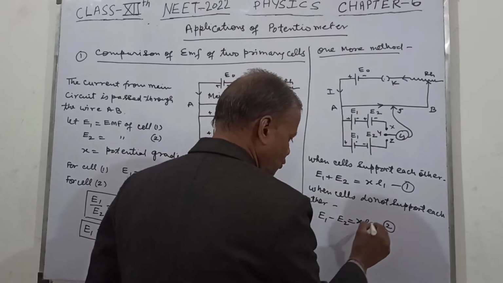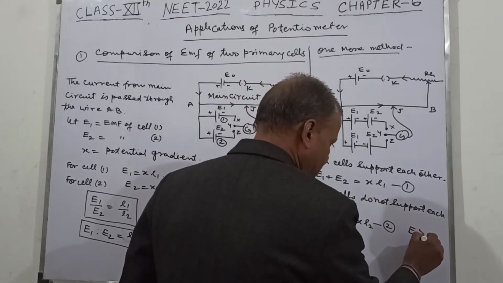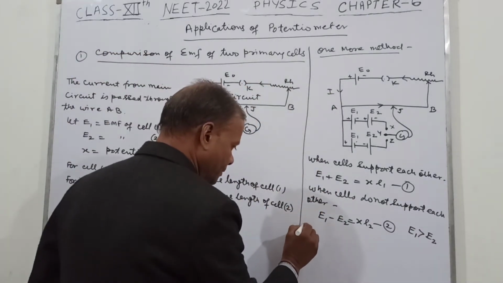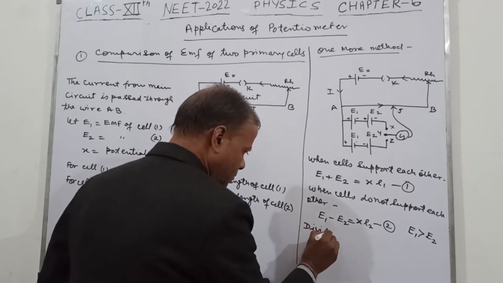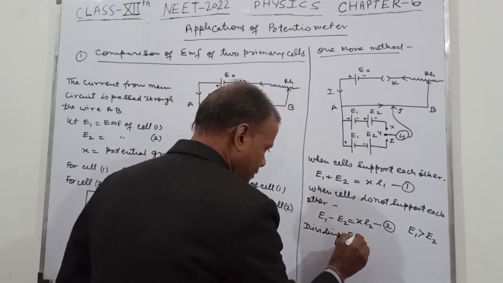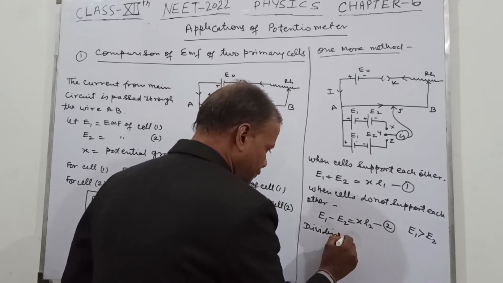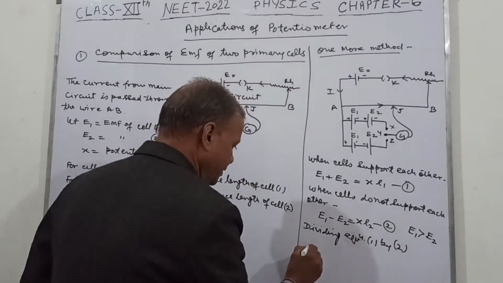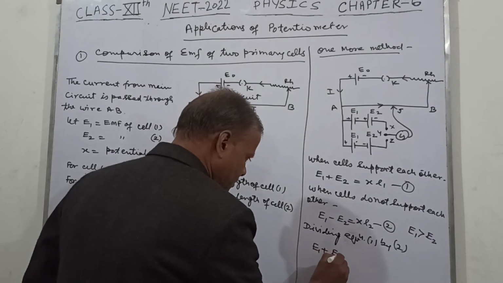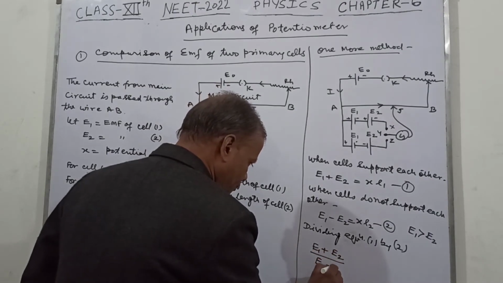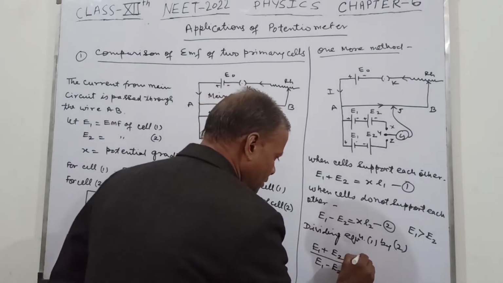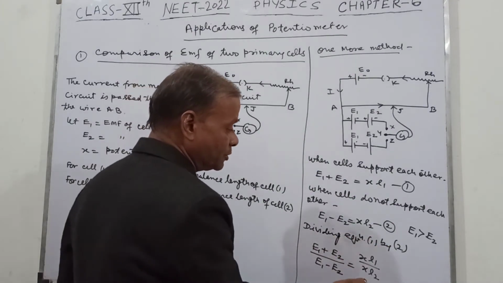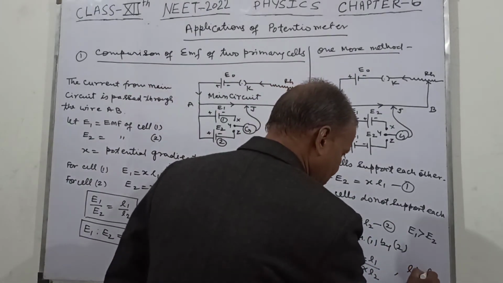This is now equation 2. Here we have taken that E1 is greater than E2. So just divide equation 1 by 2. So we have E1 plus E2 upon E1 minus E2 is equal to XL1 upon XL2, and definitely here L1 is more than L2. L1 greater than L2.